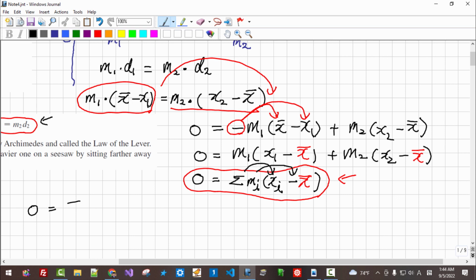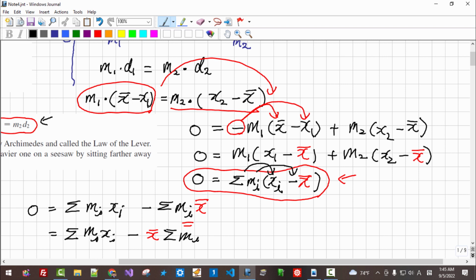Then sigma mi xi minus sigma mi x bar. X bar is constant, independent of i. So we can say sigma mi xi minus x bar sigma mi.